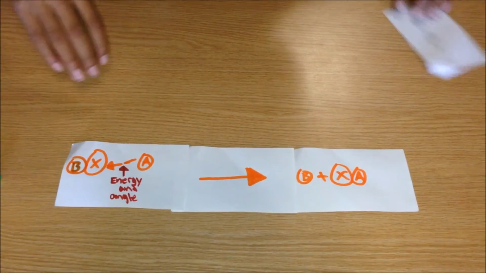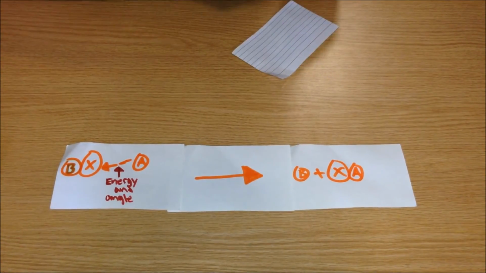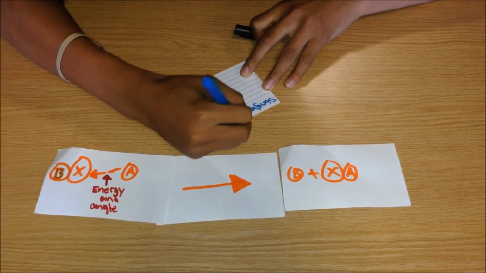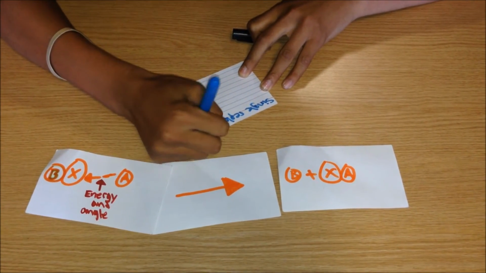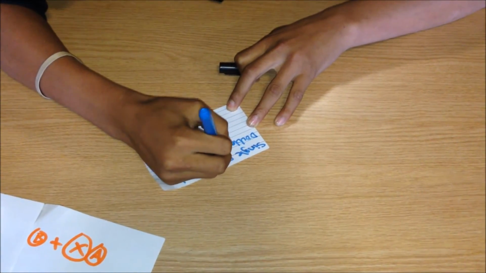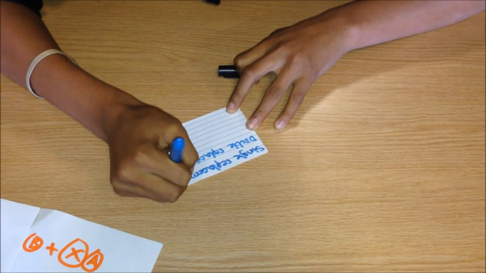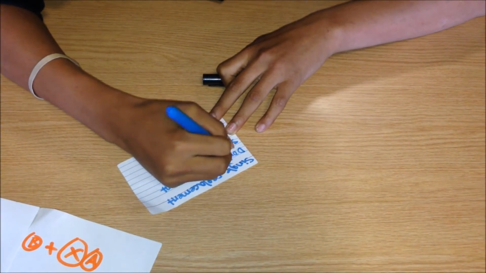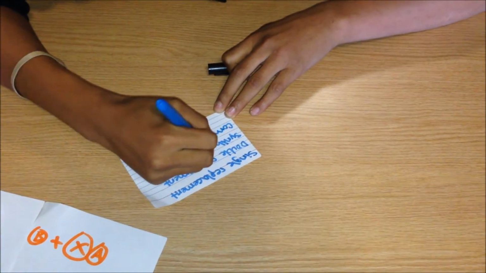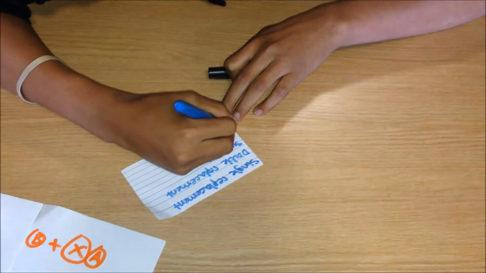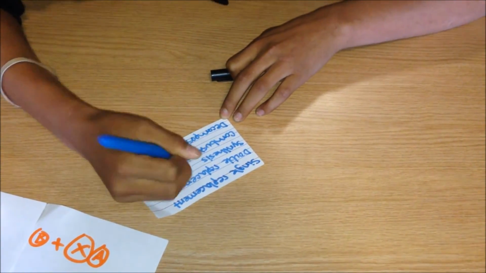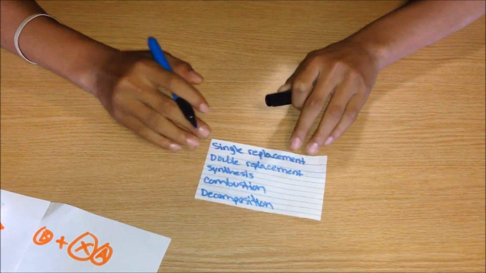There are single replacement, double replacement, synthesis, combustion, and decomposition. Those are the 5 types of chemical reactions.